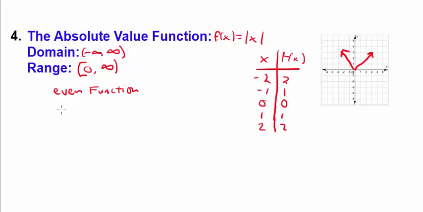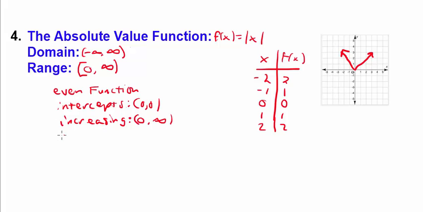You'll notice that the intercepts are 0, 0, the origin, that it's increasing from 0 to infinity and decreasing from -infinity to 0.